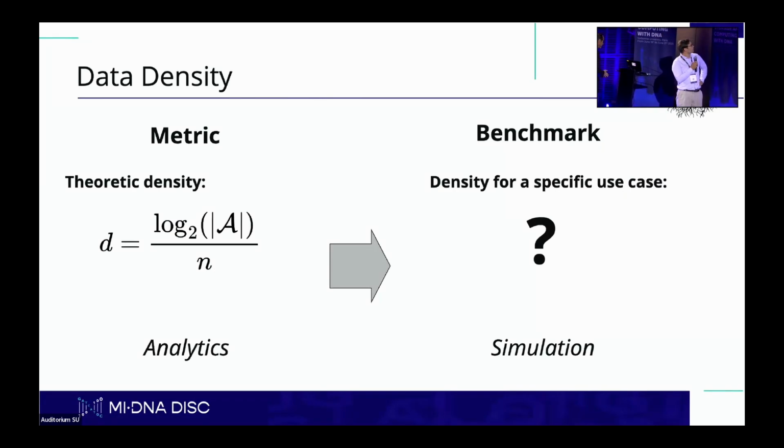In our project, obviously we can calculate the metric. The data density is just the base 2 log of our library size divided by the length of the oligos that we use to assemble the information, and we can plug in the numbers, get a value, and then compare it to other encoding methods.